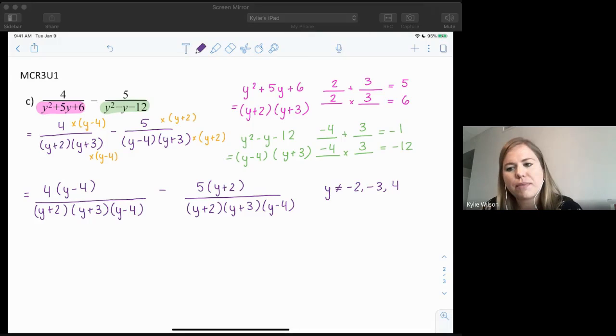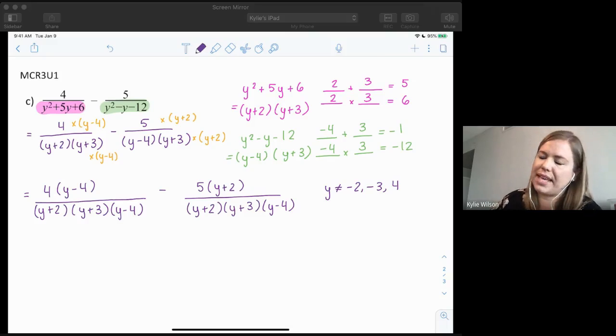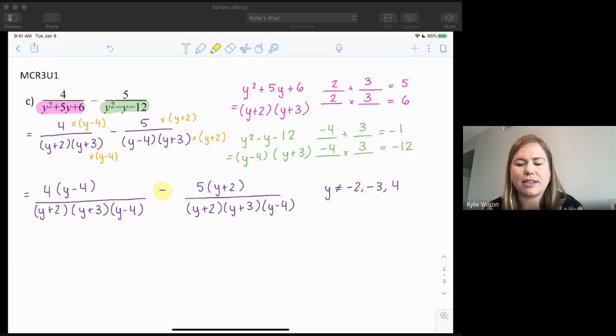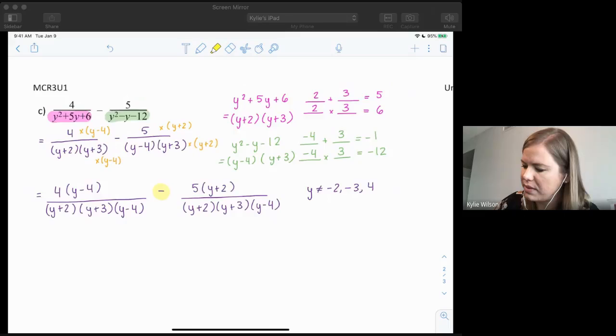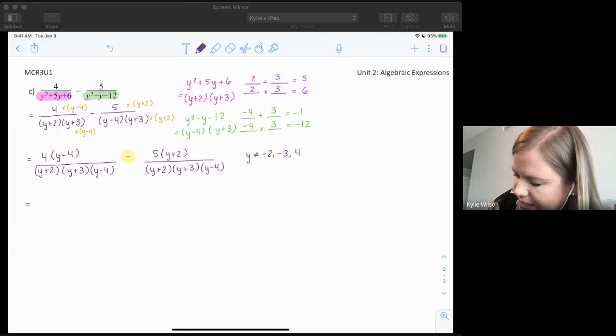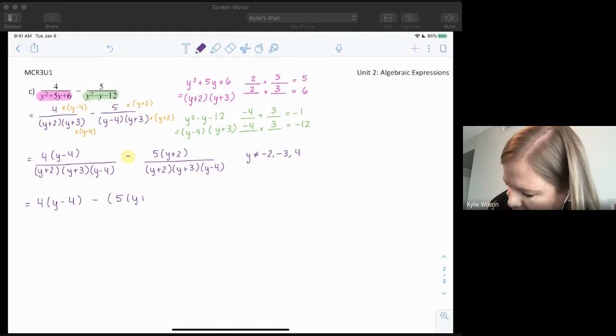Okay, so the reason we're doing this one, and it's important, is because we have a minus here. So we just need to be extra careful of this minus, and you'll see why. So let's go through and add everything. Minus 5 times y plus 2 all over, remember, when we're adding, we keep our denominator like this.